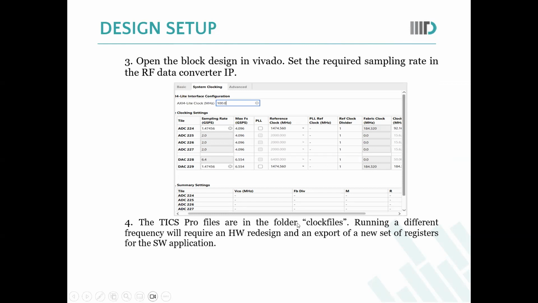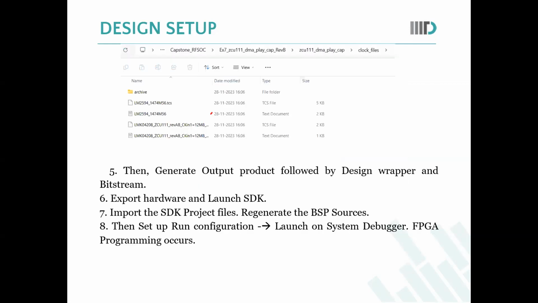For a different sampling frequency rate, we need to insert the clock files in the clock files folder that we have. First we need to generate the required set of register values from the TICS Pro software, export that file, and put it in this folder.